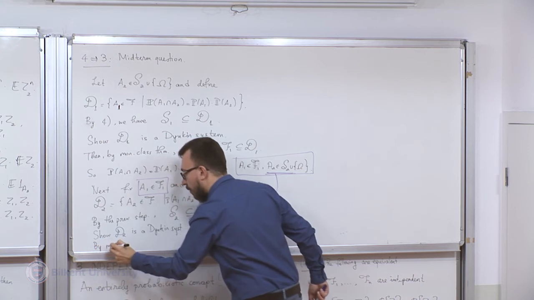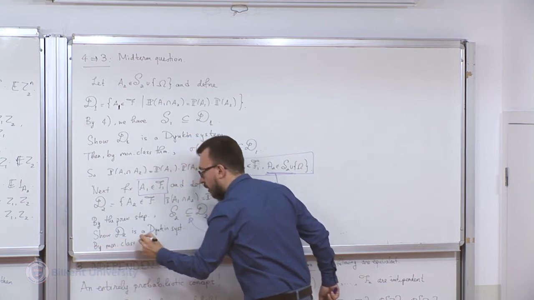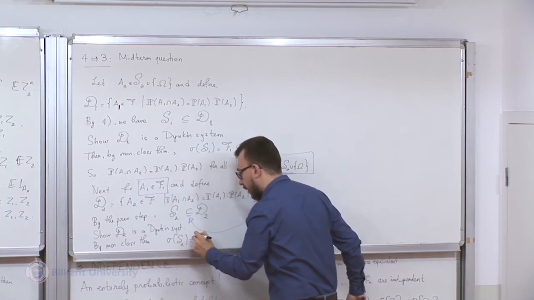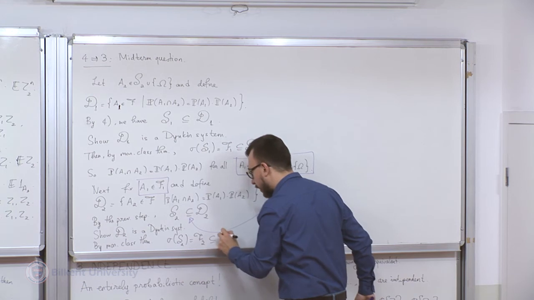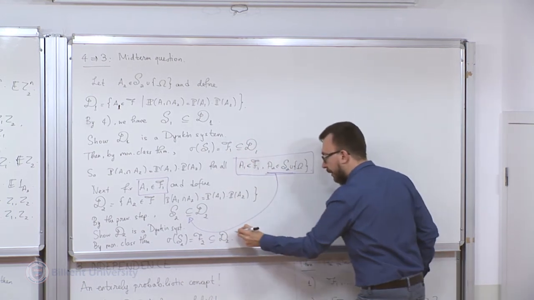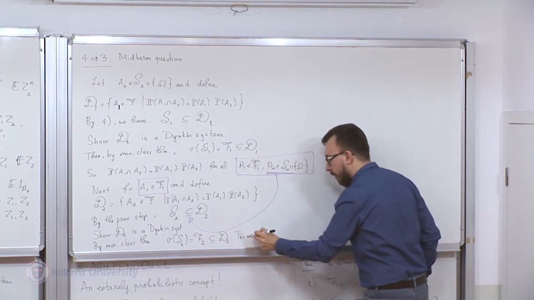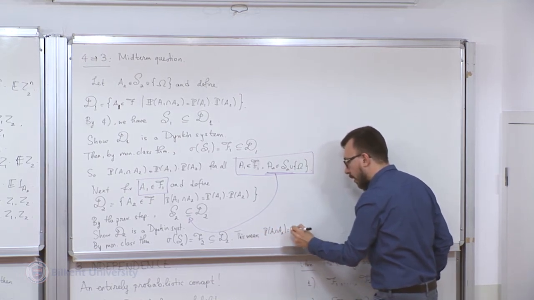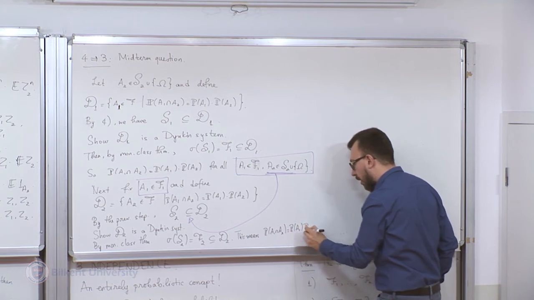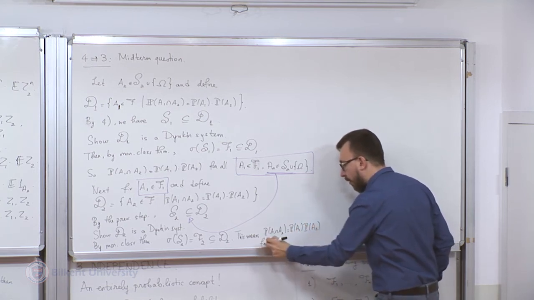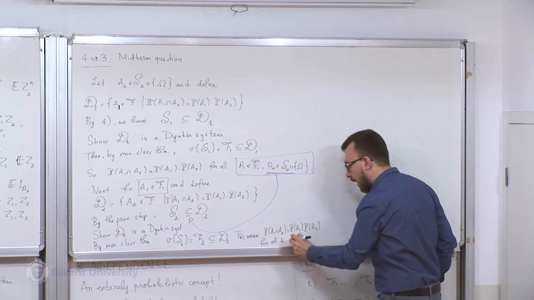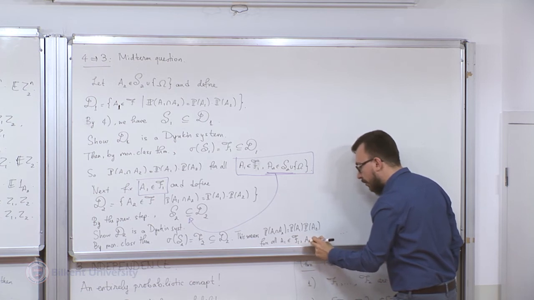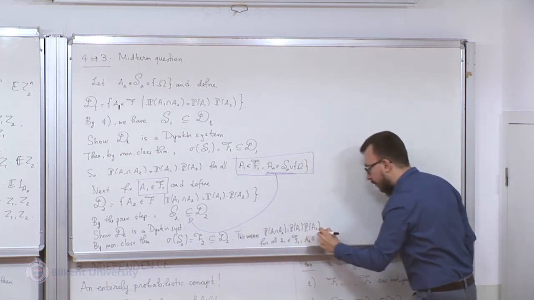By monotone class theorem, sigma S2, which is F2, is a subcollection of D2. This means we have the property for all A1 coming from F1 and A2 coming from F2.